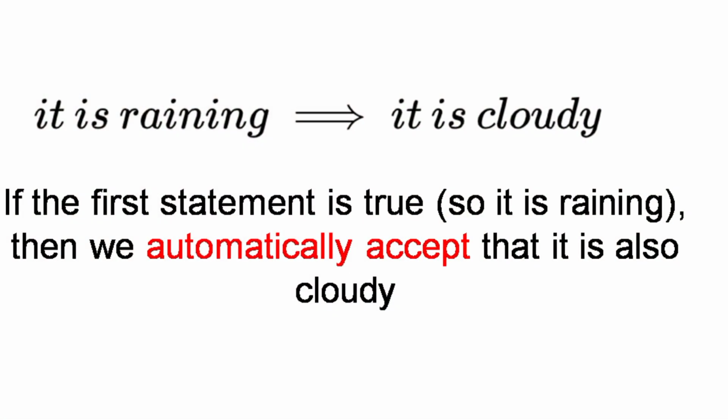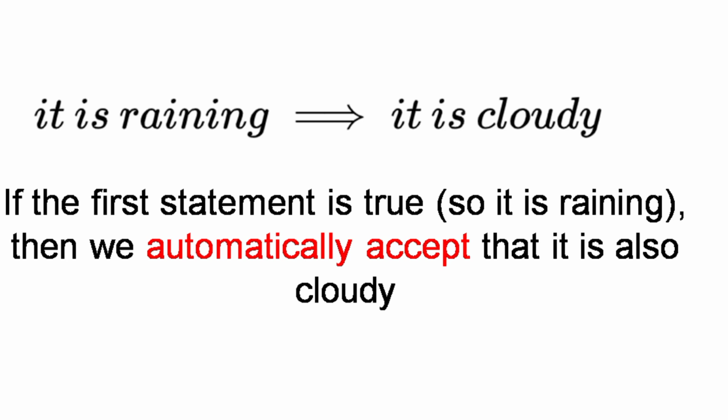So on your screen, I have shown you that the direction of the implication should not be mixed, right? We should maintain in which direction we are moving. Let me give you a quick example. Right on your screen you see: it is raining and it is cloudy. If the first statement is true, then the second statement also holds.